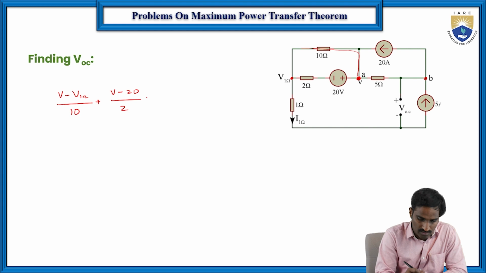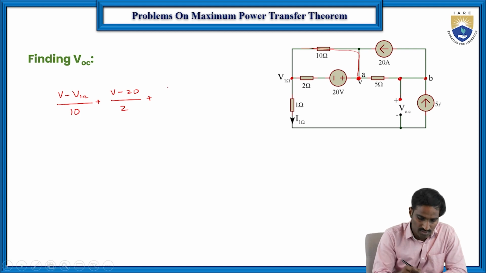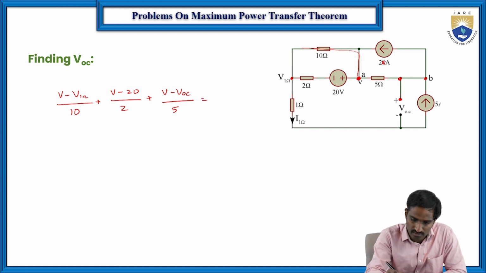And already VOC is there at this particular point, so I am just writing V minus VOC by 5, which is equal to just 2 amperes.